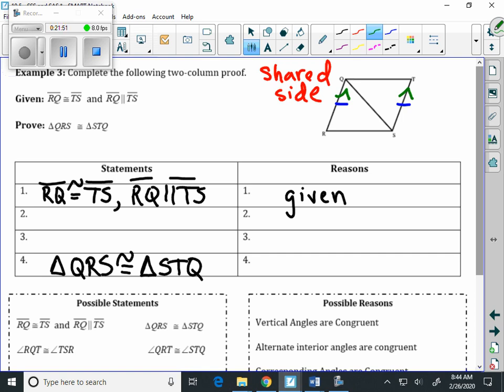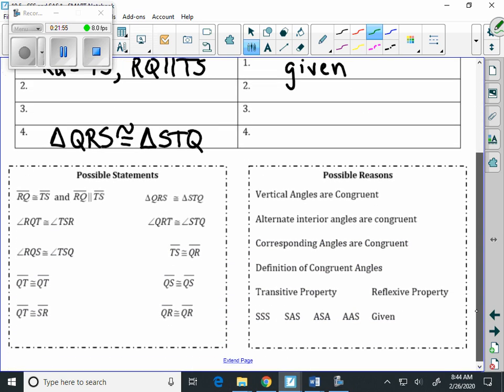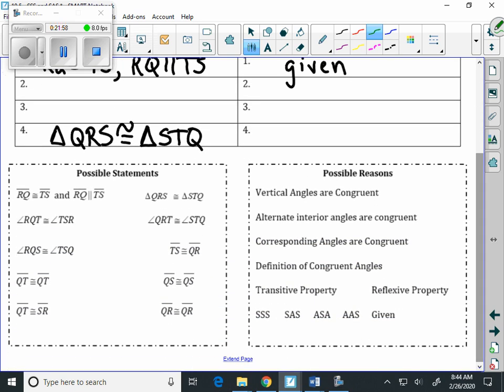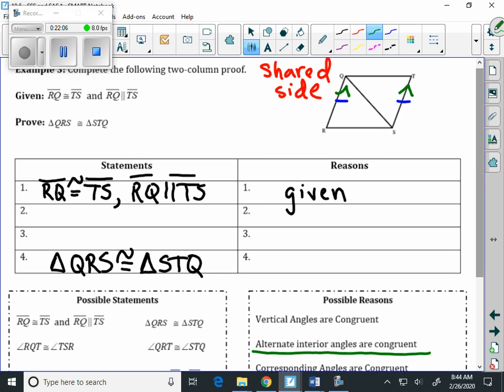And typically what happens when we have parallel lines, and certainly as we look down here below, is when we have parallel lines, we tend to have alternate interior angles that are congruent. We're going to put that into here. Alternate interior angles are congruent.